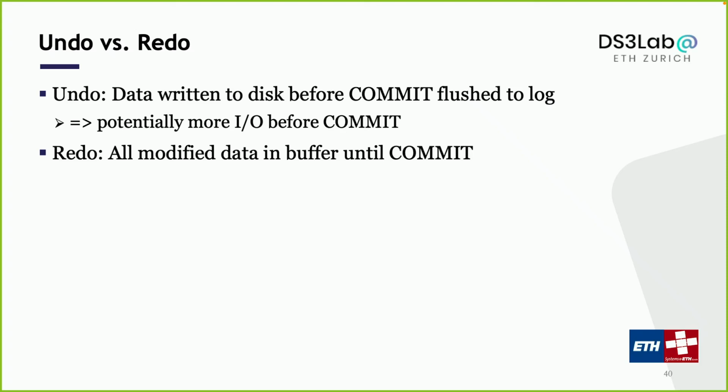You do not reflect your updated data until you flush out the commit, until you actually commit. Potentially you have a larger buffer because you are keeping more things in the buffer. So that's one trade-off.